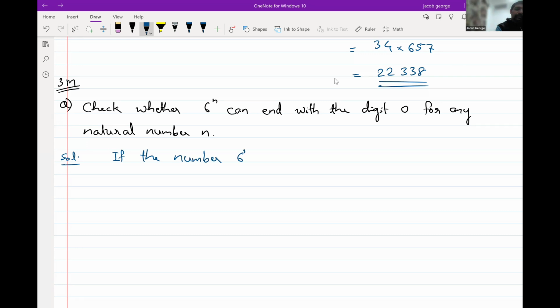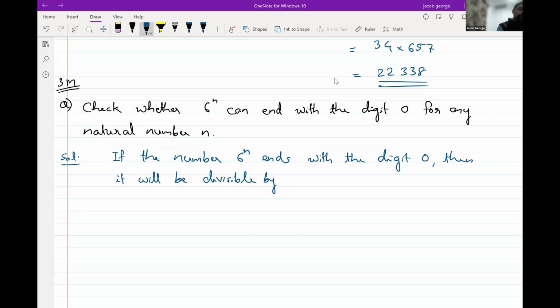If the number 6 raised to n ends with the digit 0, then it will be divisible by, what?